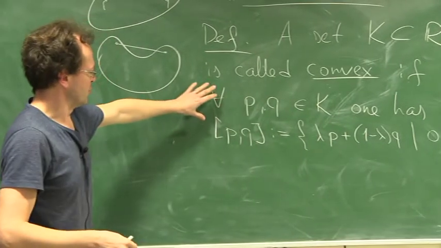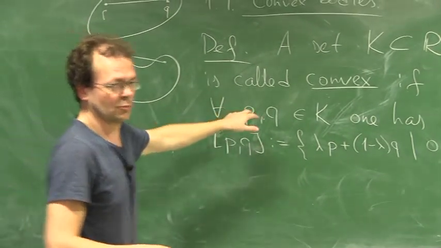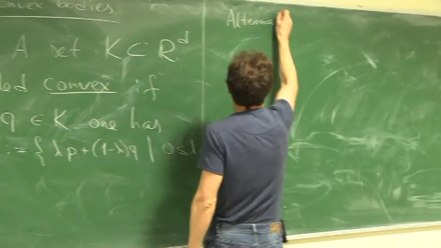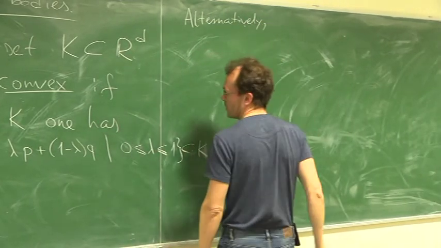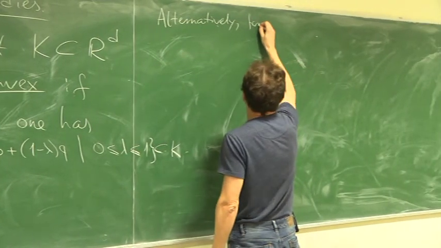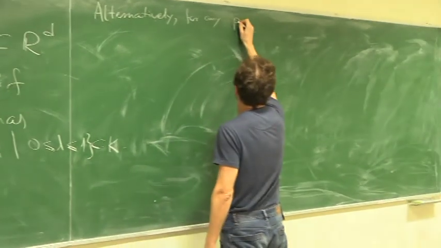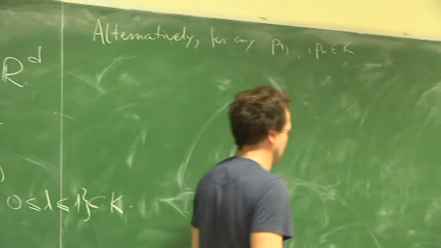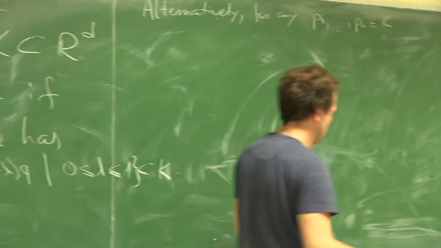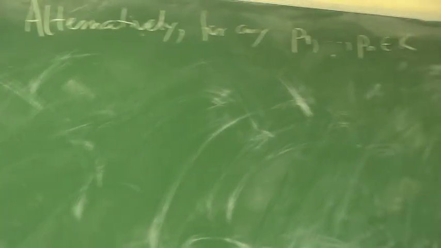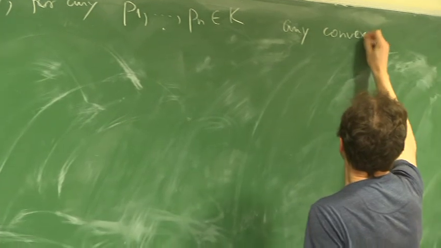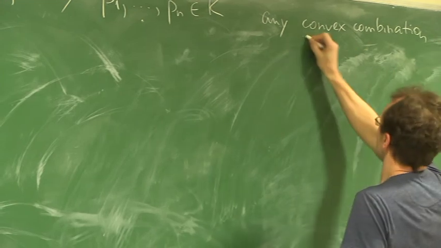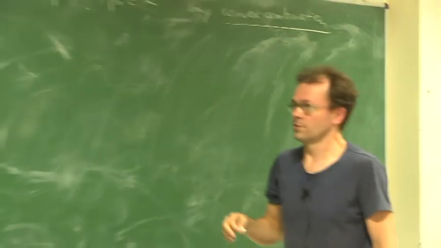There is an alternative definition where one takes not only 2 points but any number of points. So alternatively, for any P1 through Pn in K, so any number of points in K, any convex combination of these points, I think I will use the term convex combination later.